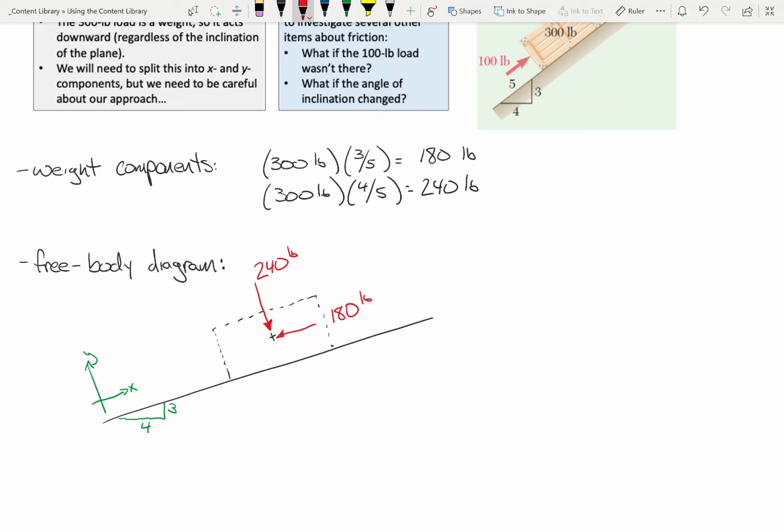Because I have the ramp up, but not past 45 degrees. It's more flat than it is up like this. So that vertical part's going to be a little bigger. Okay. All right. I also have to account for the fact that that's 100 pounds.